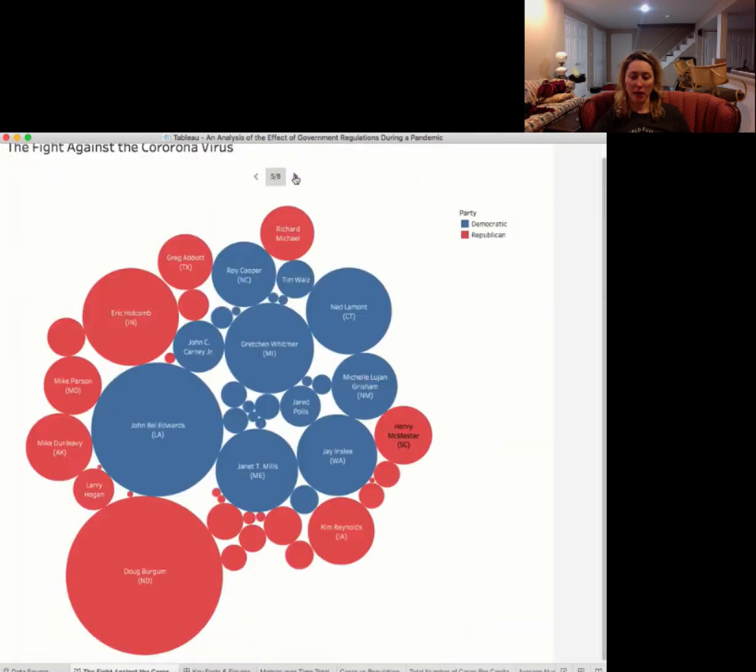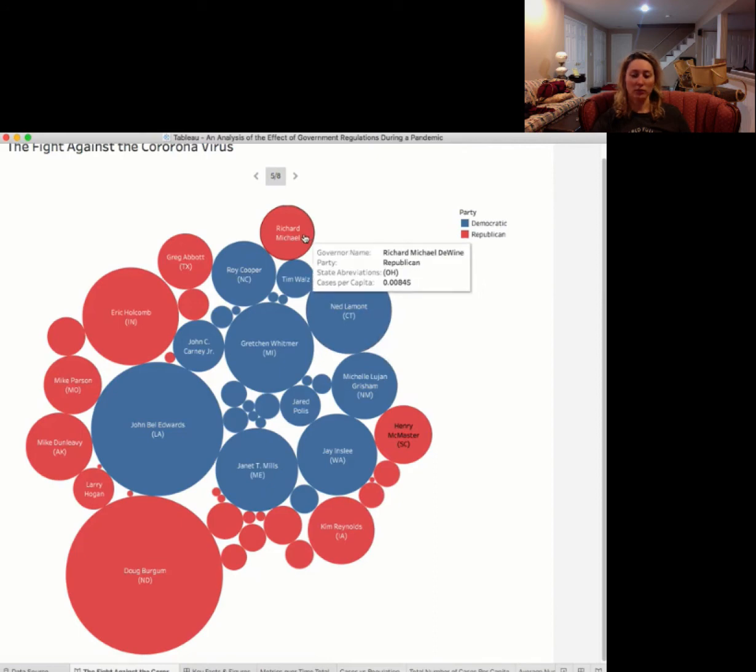The next, I made a bubble chart that compares the cases per capita, which was cases divided by population, and this is the cases per capita of new cases.